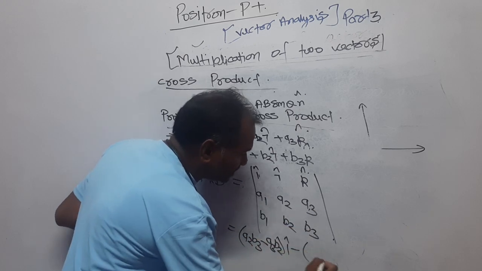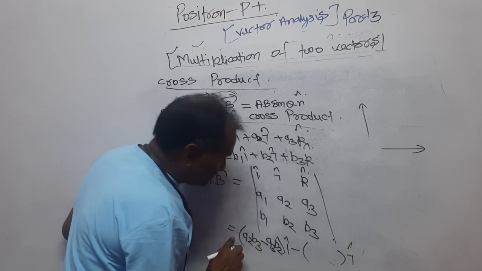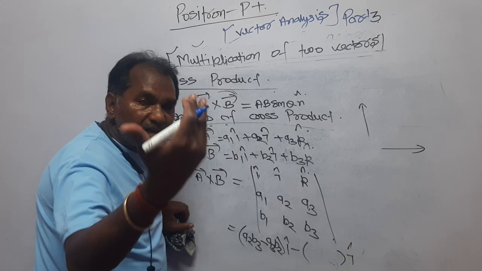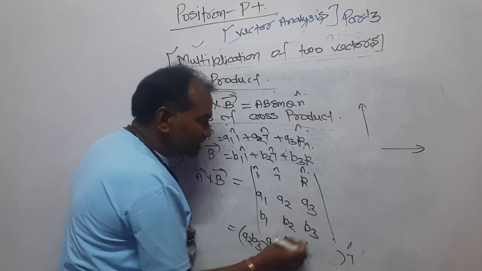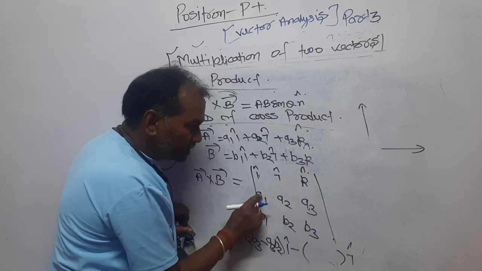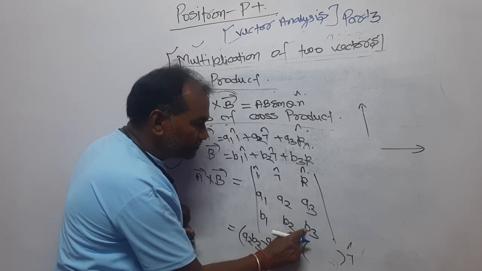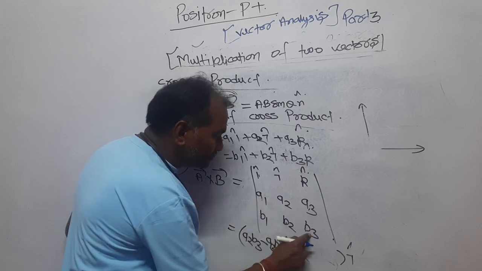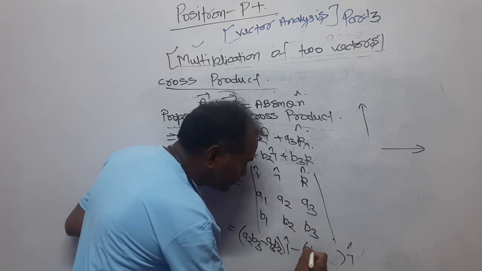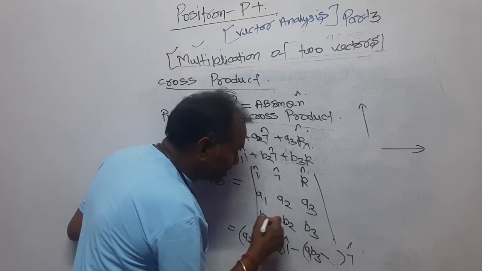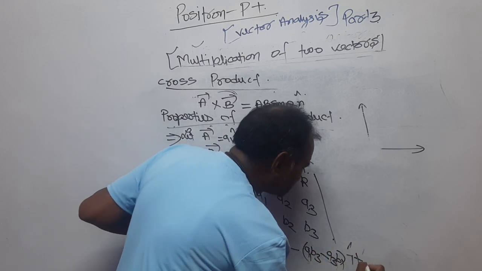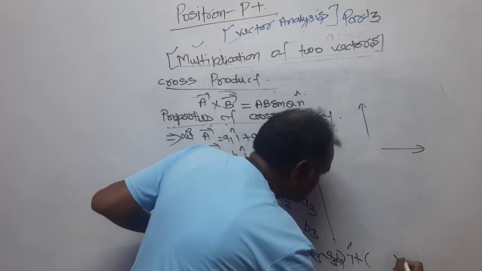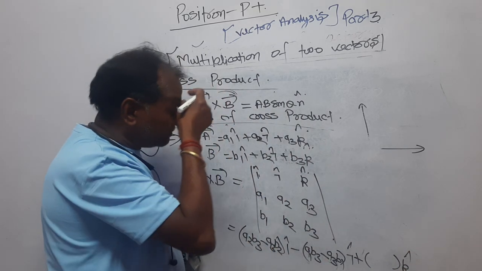Now the signs go plus, minus, plus; in this order they move. I have written minus here. Now considering j cap, just forget this column. a1 multiplied with this: a1 b3 minus a3 b1. Finally I am writing for k cap.